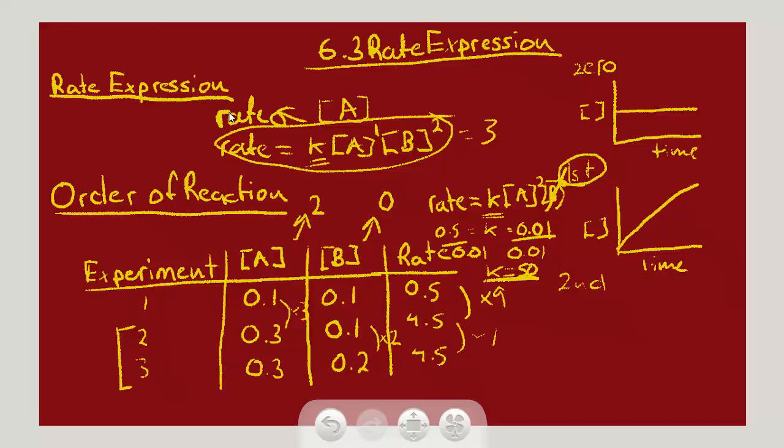And finally, for second order, we would see an exponential type relationship between concentration and time, and the gradient would be increasing at an exponential rate, looking something like this.